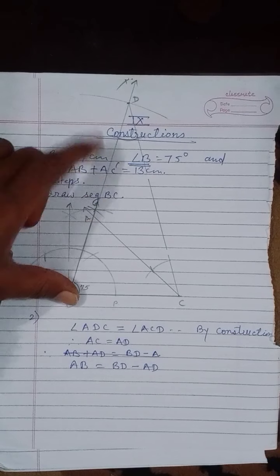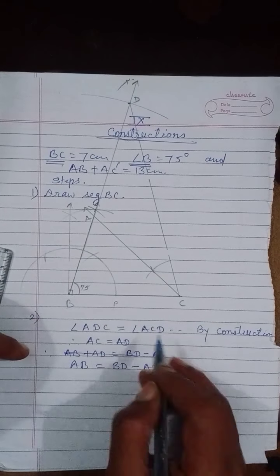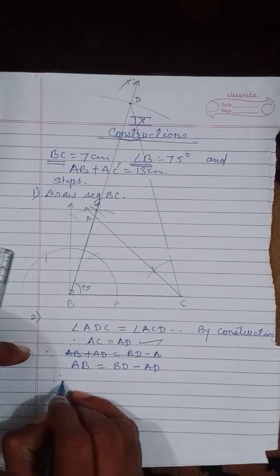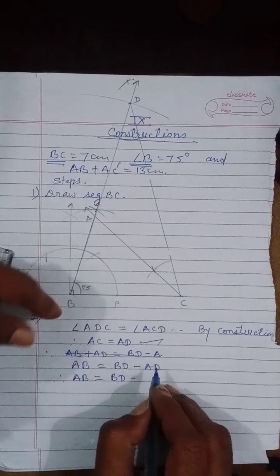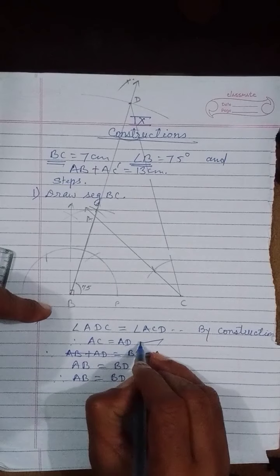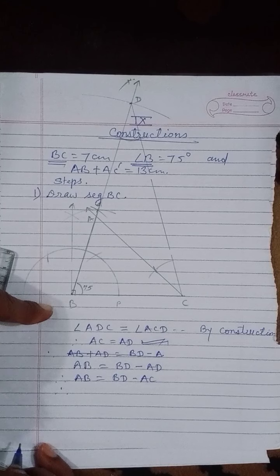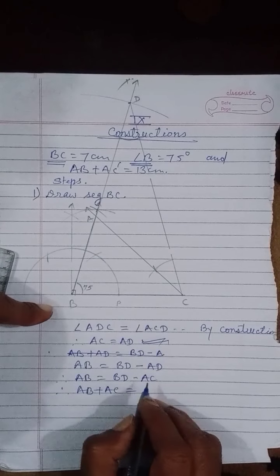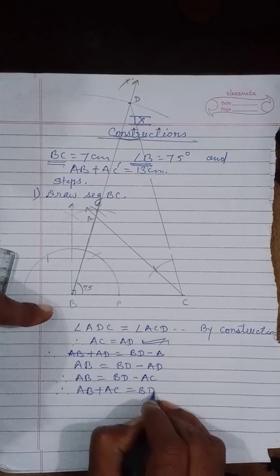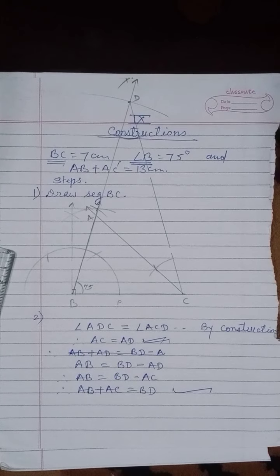AB is equal to complete BD minus AD. But AD is equal to AC. Therefore, AB is equal to BD minus AC. Why? Because both are equal. Therefore, AB plus AC is equal to BD. This is the justification. Understood what I did?